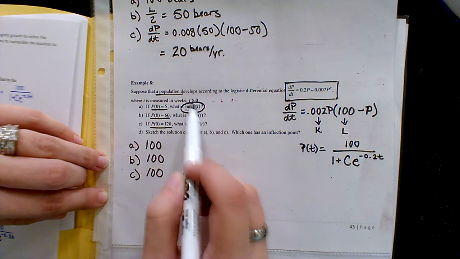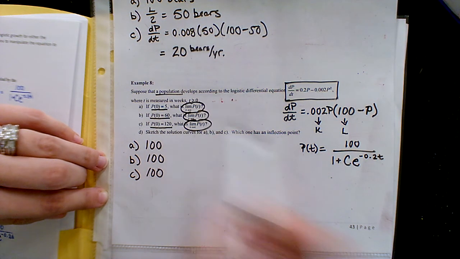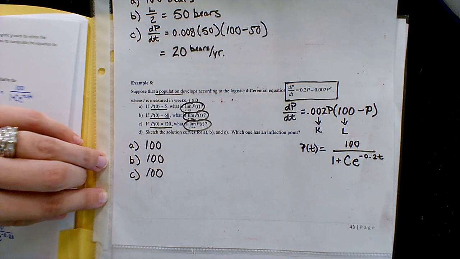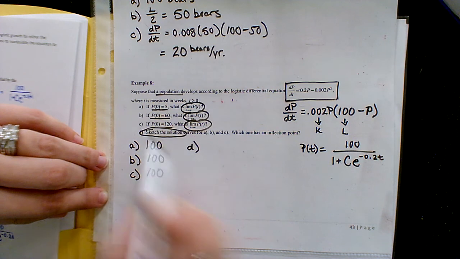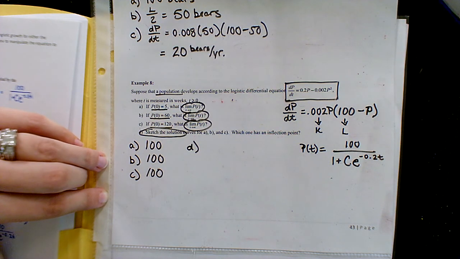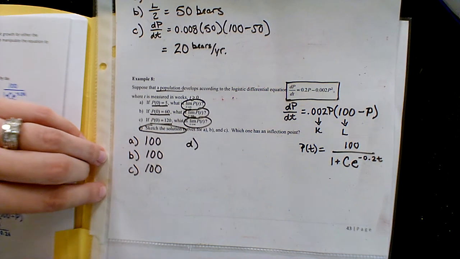The limit as you go towards infinity, as time goes on forever, it's always going to be that carrying capacity, the most amount that you can have. What does change, though, is the graph of the solution curves. So that's what we're going to check out in part D here.